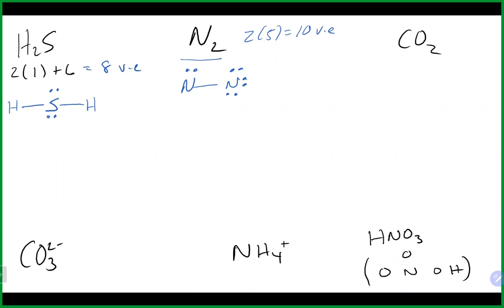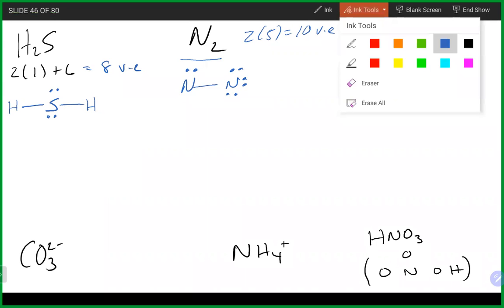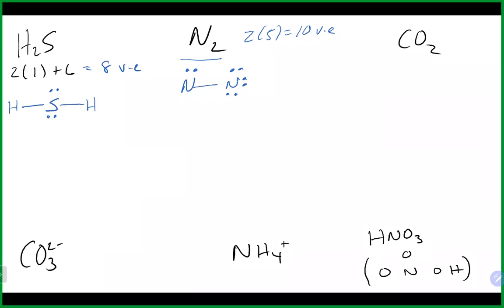So this is a case where we're going to try to fix it by first making a double bond. Just like we did on the previous slide, we're going to take a pair of electrons from the nitrogen on the right, and bring it in to make a double bond. And when we do that, we will end up with a picture that looks like this.